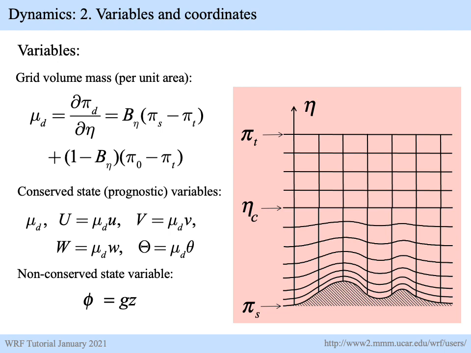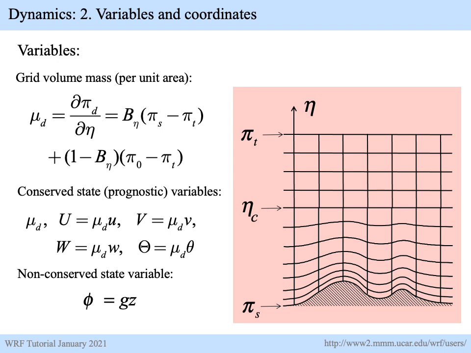In this case, the momentum, mu sub d times u, and mu sub d times v, the horizontal momentum components, the vertical momentum component, w times mu sub d, and we use the capital letters for the coupled variables, and also the capital theta, the potential temperature, coupled to the column mass mu sub d. That's the 5 variables that are prognostic.